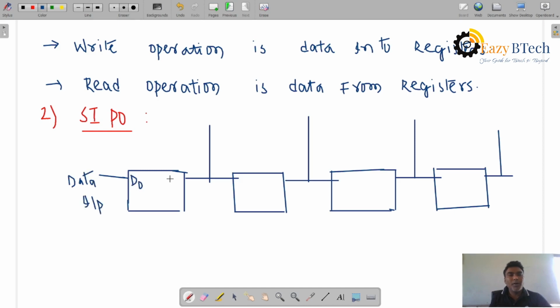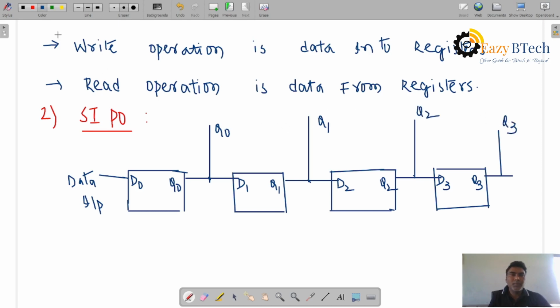The flip-flops have D0 with output Q0, D1 with Q1, D2 with Q2, D3 with Q3. So the parallel outputs we can take from here: Q0, Q1, Q2 over here, and this is Q3, right?